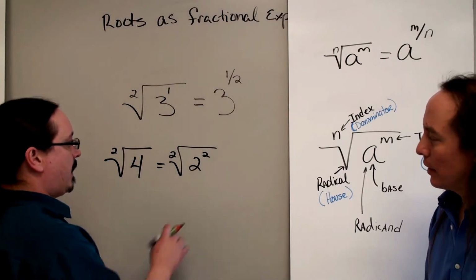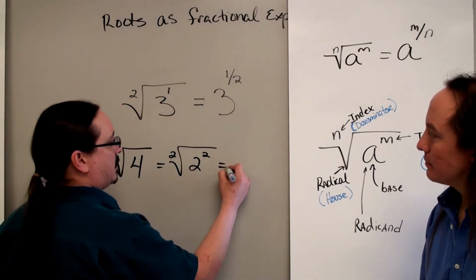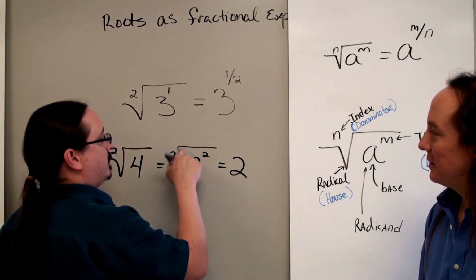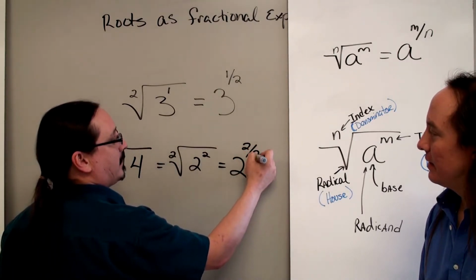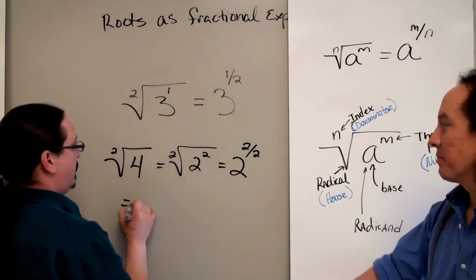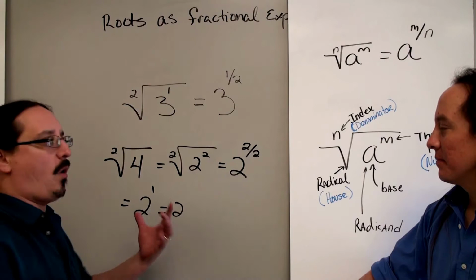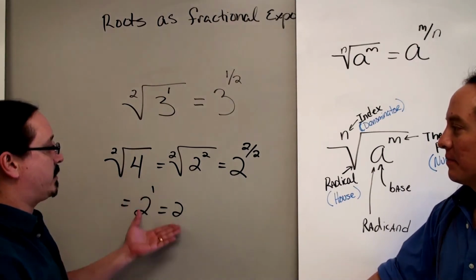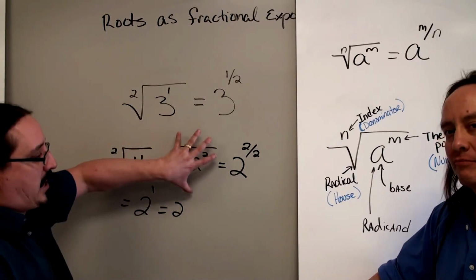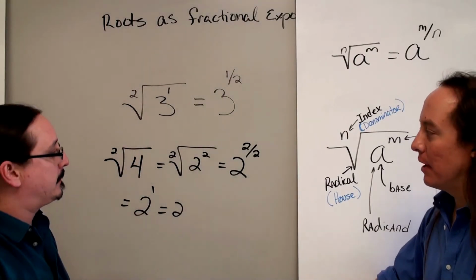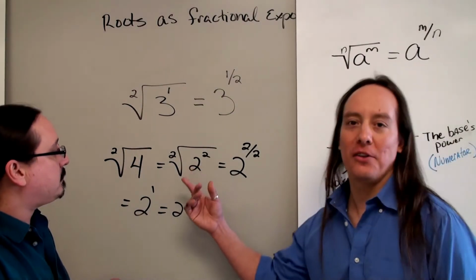We can write this as 2 to the 2 halves, which is 1. 2 to the first, which is 2, which is a really long way of going about it. The square root of 4 is 2, but this is actually checking, does this in fact all work? I like how that goes together. There are a lot of 2's here though.